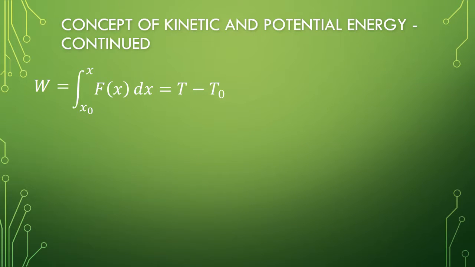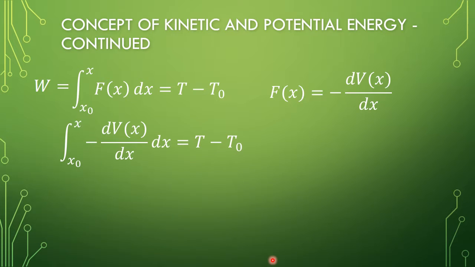So if we take this a step farther, what we have is our definition here. And what I'm going to say is I'm going to define the force as being the negative derivative with respect to position of this new function called V of x. And that new function is going to be called the potential. If that is true, I can plug it back into here.